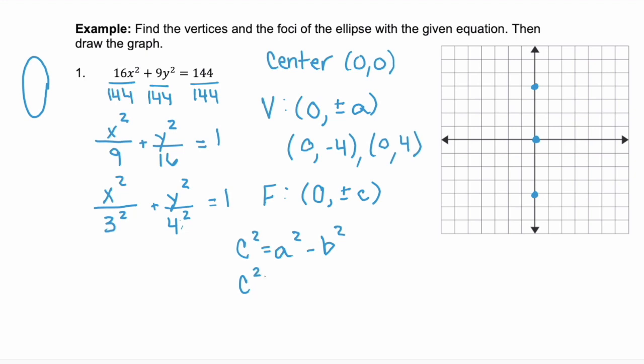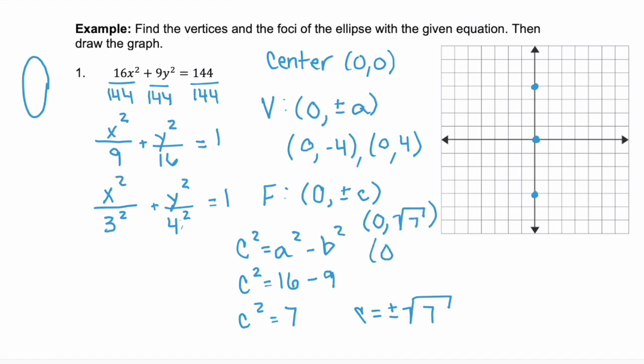So c squared is equal to 16 minus 9, or c squared equals 7, which tells us that c equals plus or minus the square root of 7. So our foci here are going to be the points (0, square root of 7) and (0, negative square root of 7).